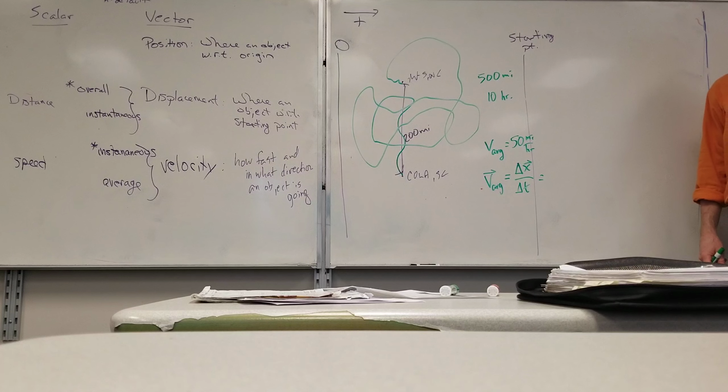So what's my displacement? What is my displacement when I travel from Columbia to Winston-Salem in my simplified model?